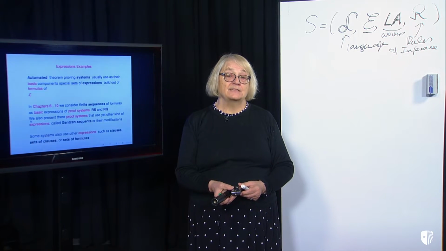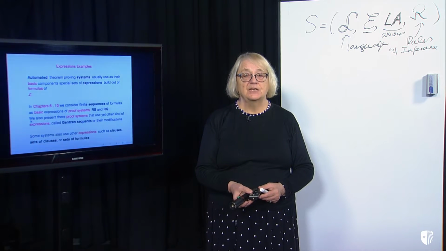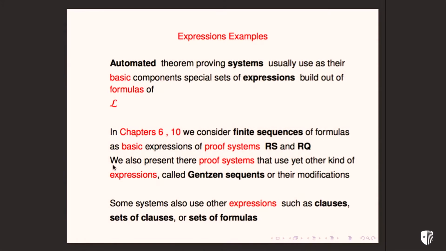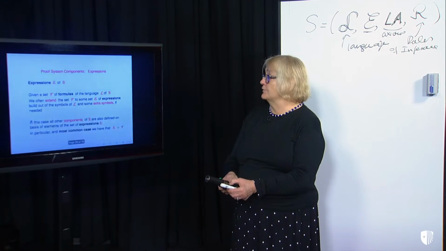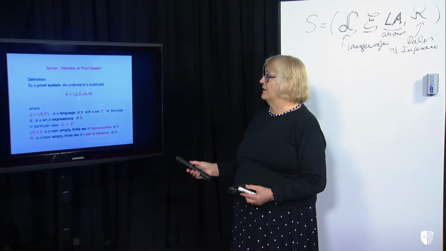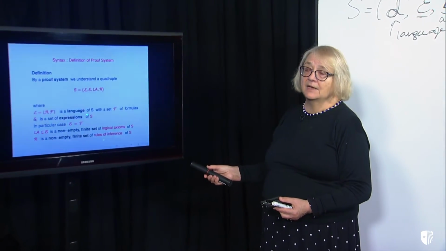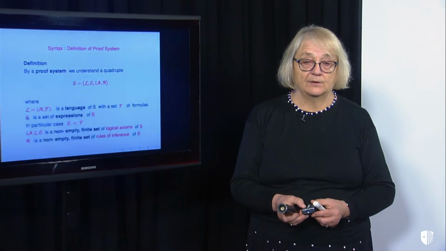We also present proof systems that use another kind of expressions, called Gentzen sequents, which have additional symbols. And some other systems use other expressions like clauses, sets of clauses, sets of formulas. So that's why in the definition of a proof system we have expressions, not only formulas, in many cases, and we start with cases where the expressions are just formulas of the language.